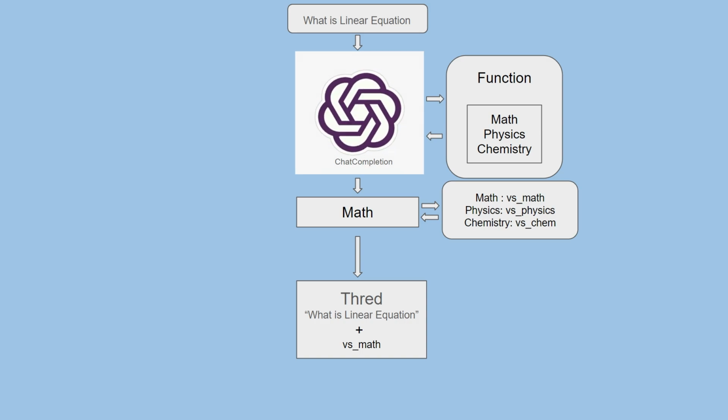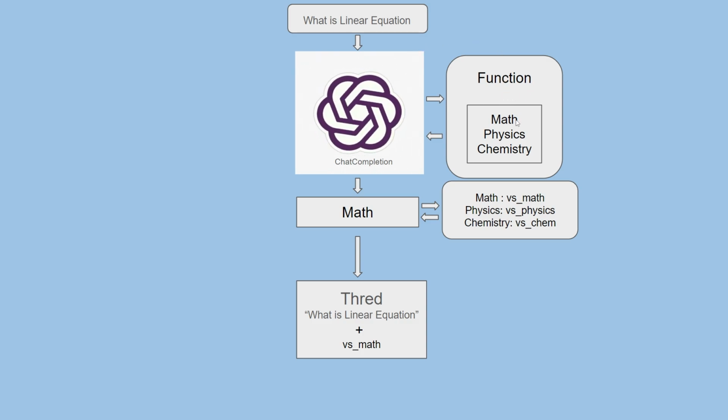Now the function analyzes the user's initial query and selects the corresponding topic. Let's go through it one by one. The initial question asked by the user is, what is a linear equation? It goes to the chat completion API with the function call enabled. By the looks of it, we can say that it's part of the math topic.